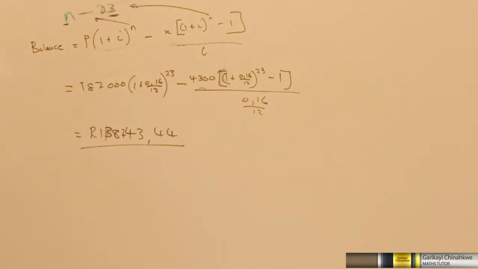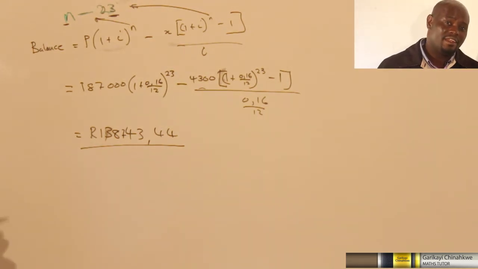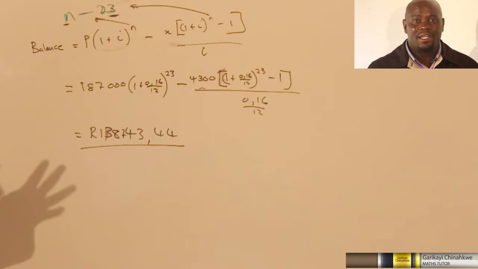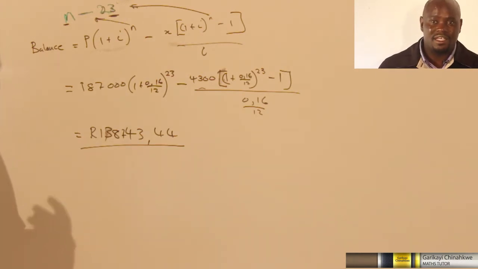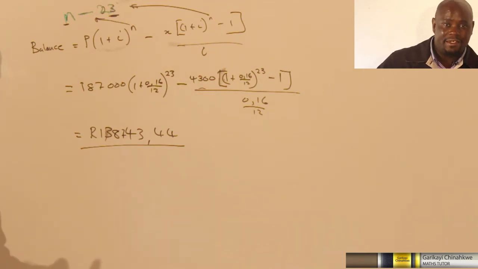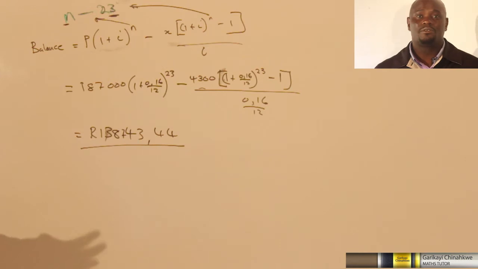This is the balance. So whenever you're calculating balance, you're supposed to say compound interest minus future value. And then you must be careful with N. If they say calculate the balance on the 10th payment, your N should be 10. If they say on the 40th payment, your N is supposed to be 40.